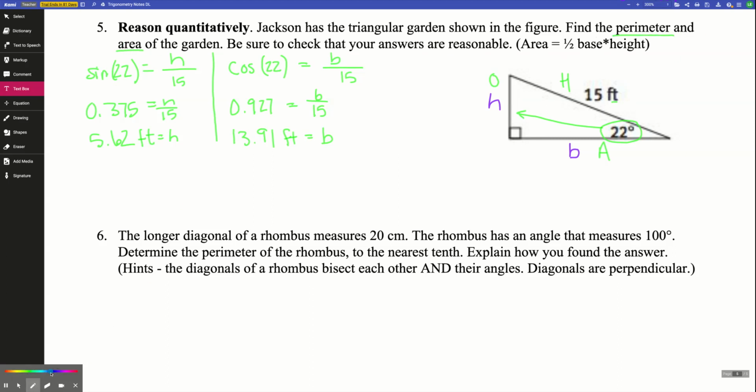So as a reminder, perimeter is just the sum of all three sides. So this height was 5.62, and this base was 13.91. So in order to get the perimeter, I'm going to add all three side lengths. 5.62 plus 13.91 plus 15.